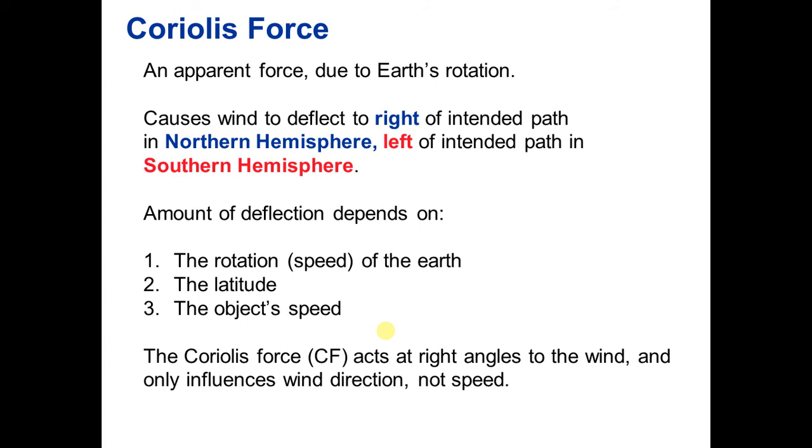Now, the amount of deflection depends on three factors. The rotation or speed of the rotating Earth, but that's a constant. Earth's rotating at a constant speed, so that doesn't change over Earth. But the latitude does. The Coriolis force does not exist at the equator, but it's maximum at the poles.